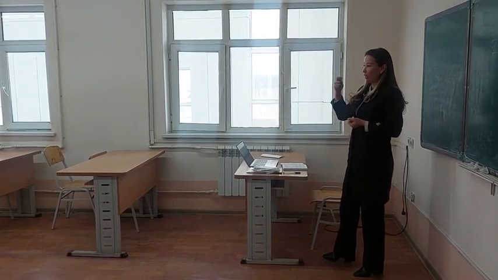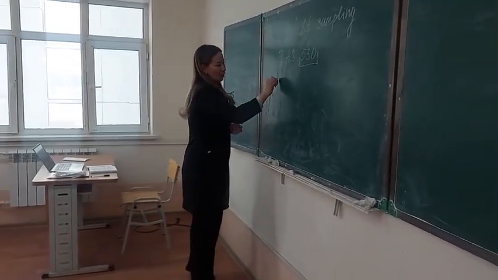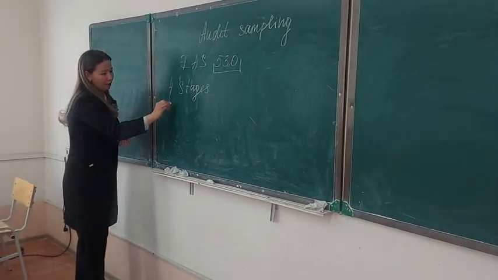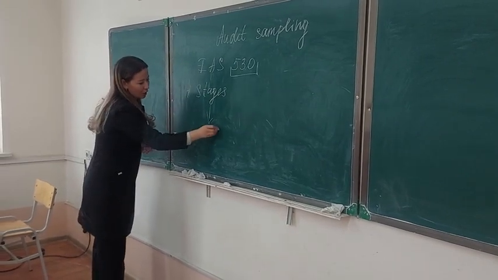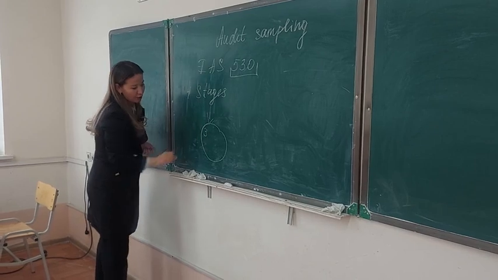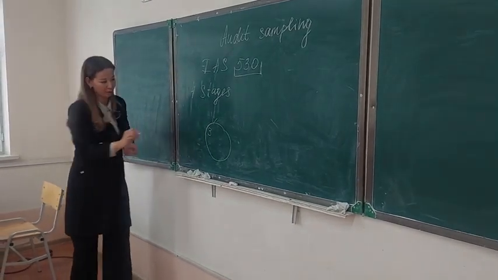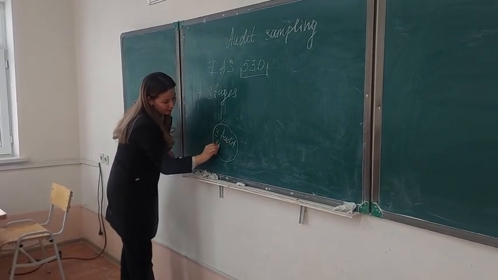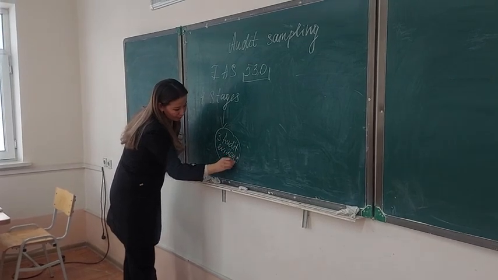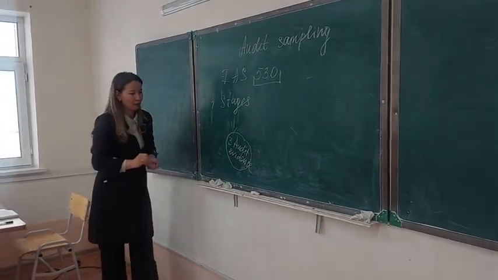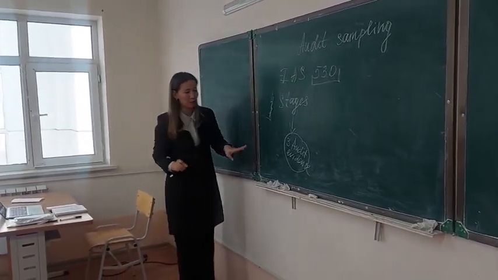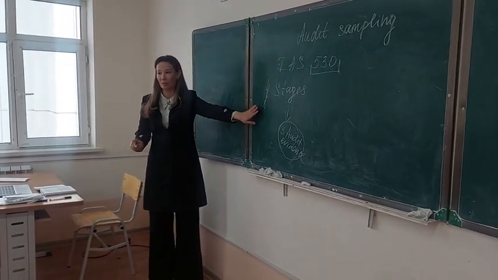We know that in auditing we have 4 stages. The huge stage is the 3rd stage, called audit evidence. The 1st stage is introduction to the client's business.